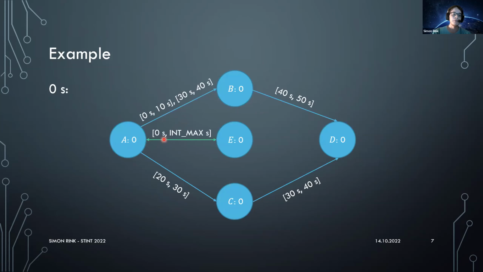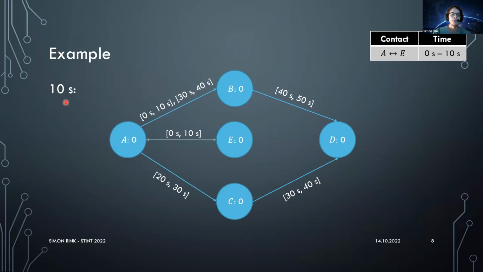In this example, we discover a new contact between nodes A and E. Since neither A nor E know anything about each other, this contact will be set to last basically forever, which is of course an unrealistic value. So in this example, it would end at 10 seconds.